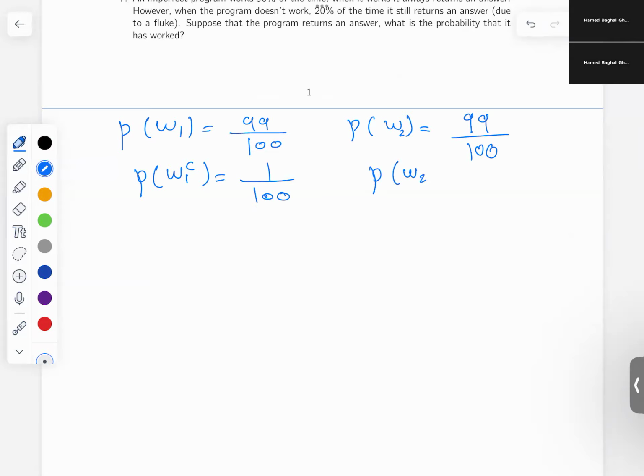All right, so neither of them working is, what's the meaning of neither works? A lot of things like W1, W2, not this, W2, W1, W2.